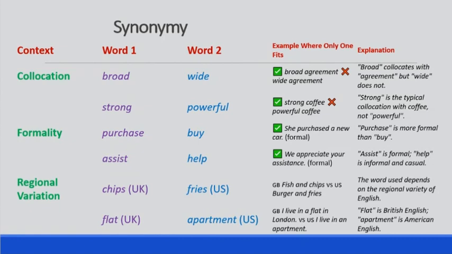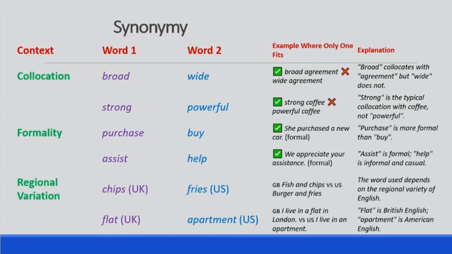So in terms of formality, purchase is more formal than buy. Assist and help mean similarly, but in a formal way we use assist, not help. Thank you for your assistance, not thank you for your help. You can use help, but it is informal.